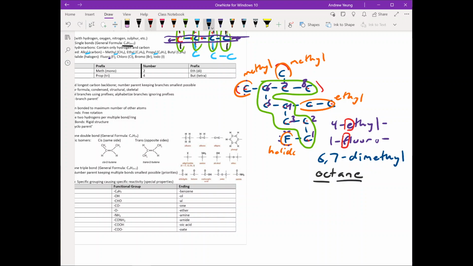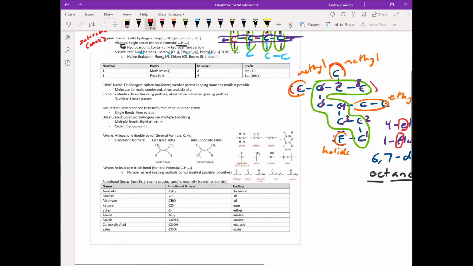And when we alphabetize, although sometimes we throw in di, tri, depending on how many we have, we still alphabetize based on the branch name, in this case methyl. So there's that full name there. For the very last parent, you can either hyphenate it or just ram it into the parent name, but we're just substituting this octane here. We've given all the information to draw that molecule.